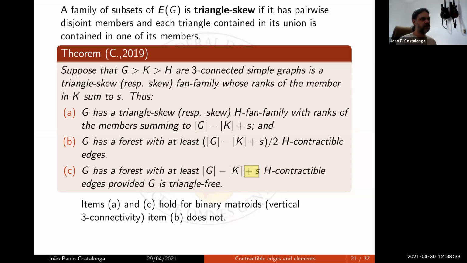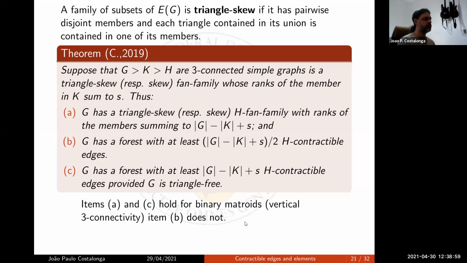And now we go to the world of matroids. For those who are familiar with matroids, items A and C hold for binary matroids. We'll be talking about vertical connectivity. And item B does not hold for binary matroids.